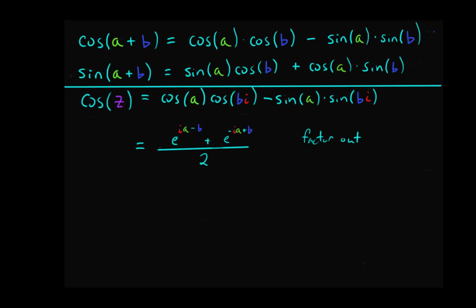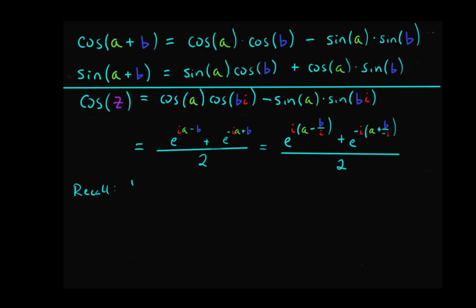But now we want this expression to be in terms of z. And so to do that, I'm going to factor out i from the exponents. So when I do that, I have e to the i times, open parenthesis, a minus b over i, okay, because I factored out the i from both terms there, so close parenthesis here, plus, and I'll actually factor out a negative i in the second term, e to the negative i times, open parenthesis, a plus b over negative i, close parenthesis, all over 2.